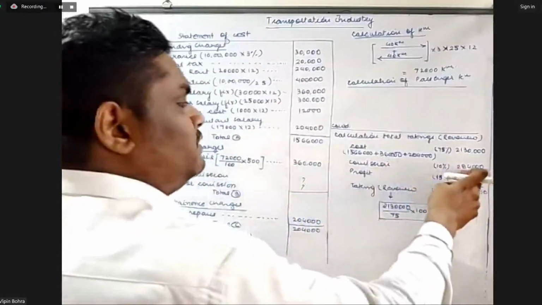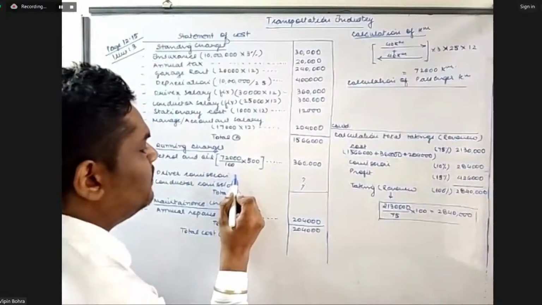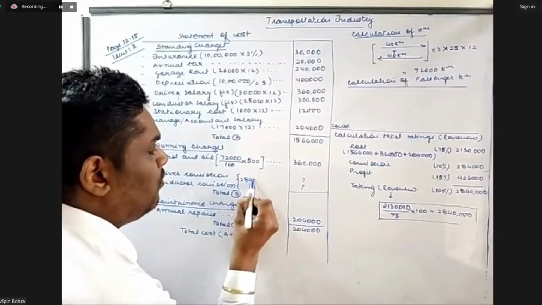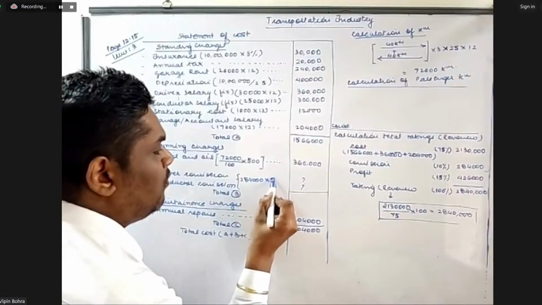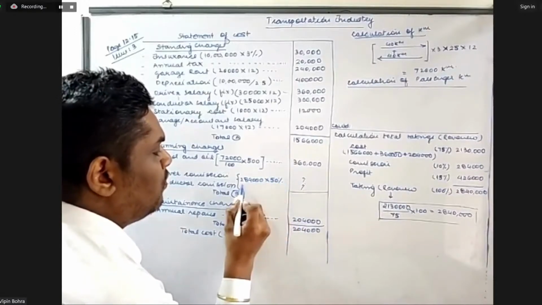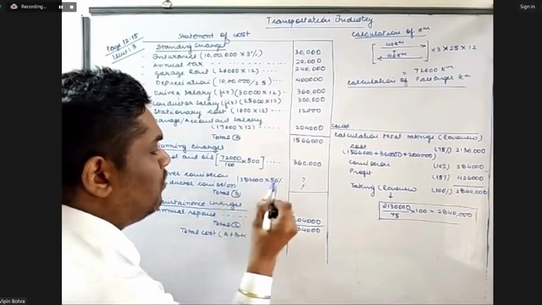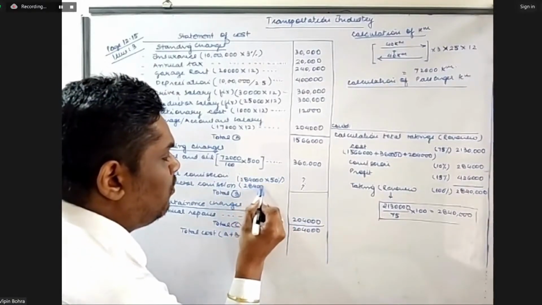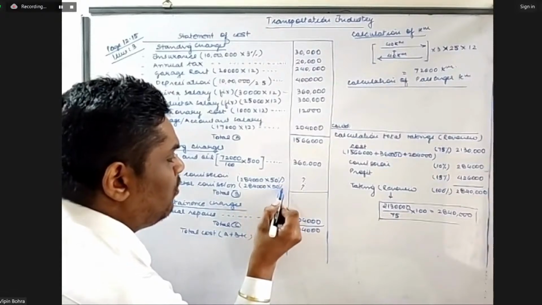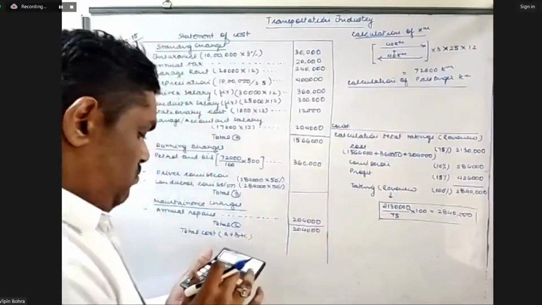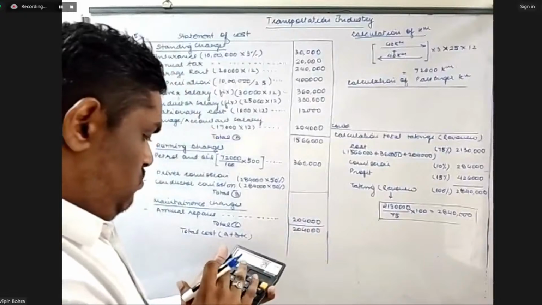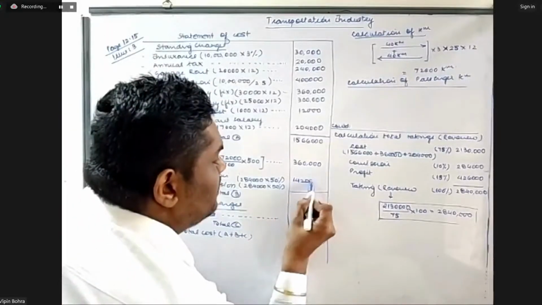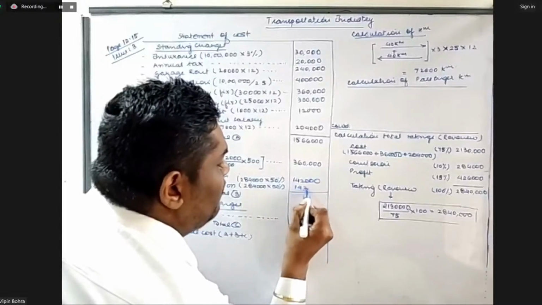So 2,84,000 is to be shared equally. This will be 1,42,000. This will be 1,42,000.